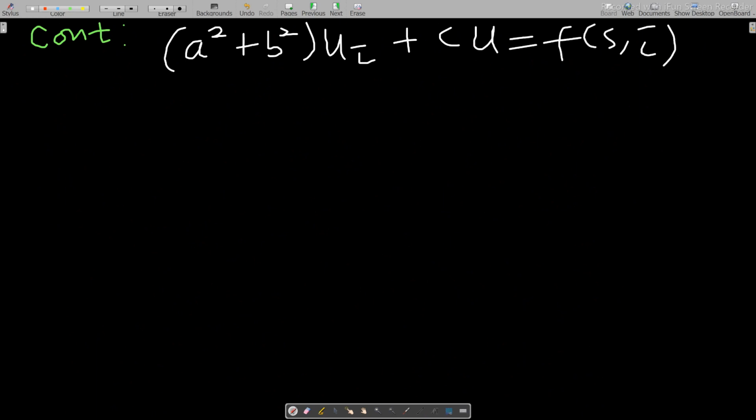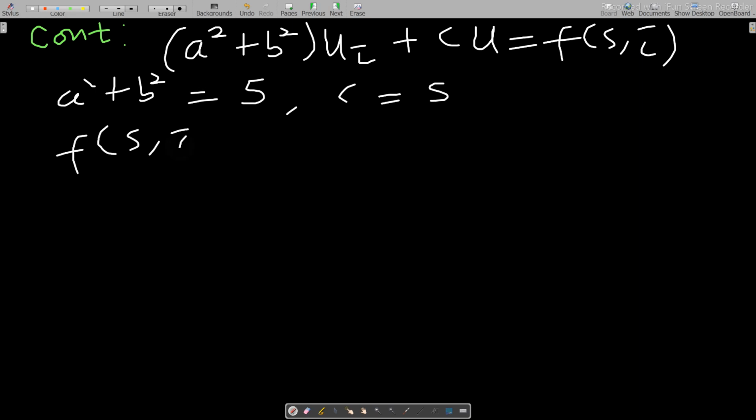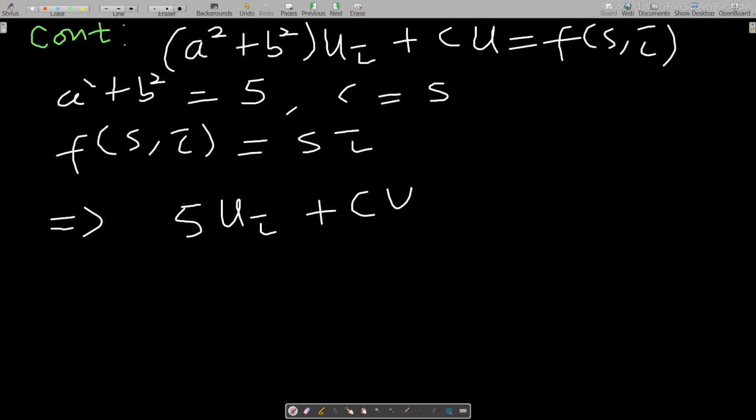Now we are saying that our a squared plus b squared is actually equal to 1 plus 4, which is 5, our c of xy has turned to s, and our f of s tau is now equal to s times tau. Then the whole PDE that we are solving changes to 5 u tau plus s u equals s tau.